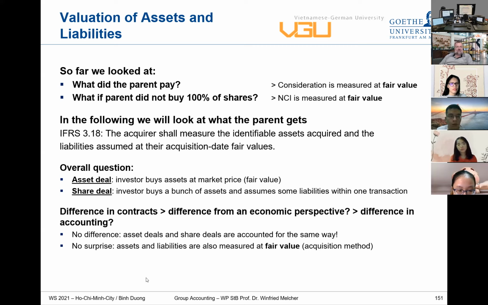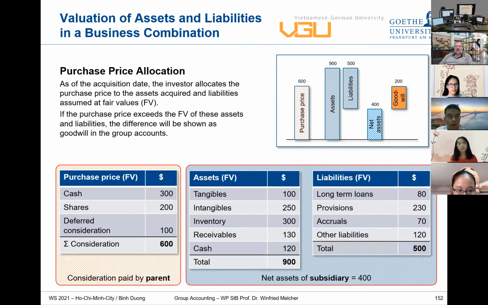Okay, so in practice, it's easy. We look at this one here. So what are we doing during a purchase price allocation? As of the acquisition date, the investor allocates the purchase price to the assets acquired and liabilities assumed at fair values.